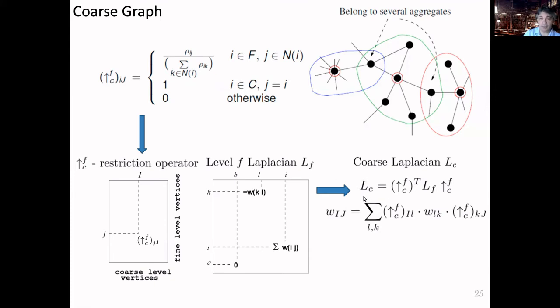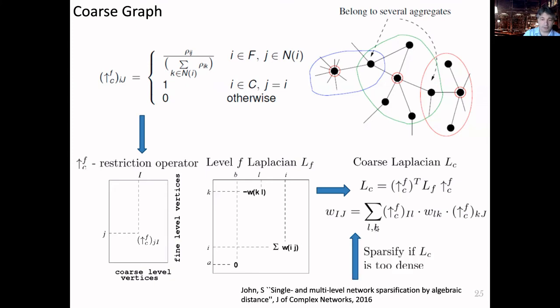That's it. So that's the coarsening procedure that we use. As simple as you see. If the coarse graph Laplacian is too dense, then we can sparsify it with different types of graph sparsification strategies. It would not affect that much the solution.